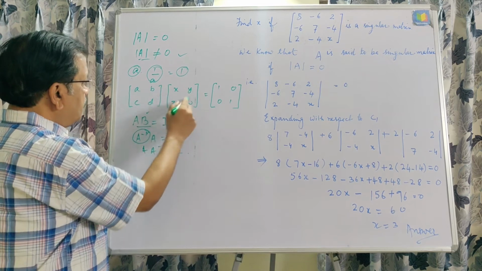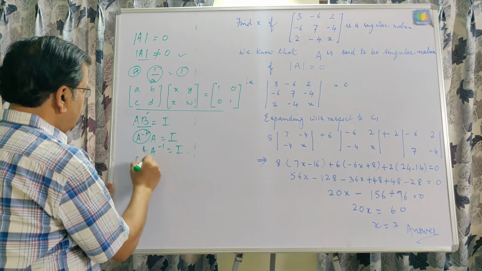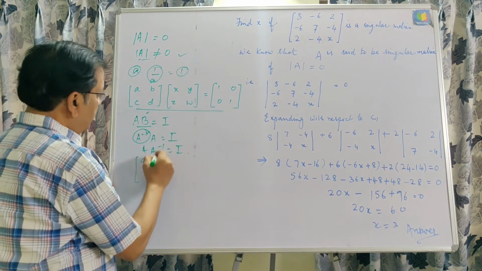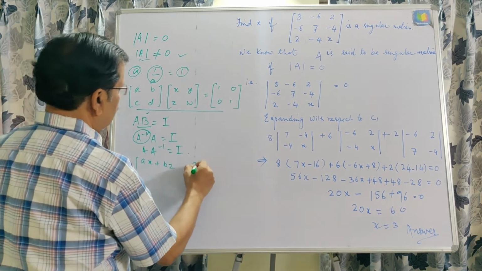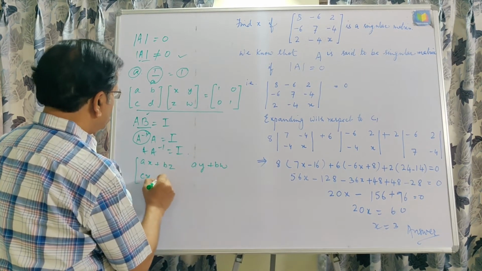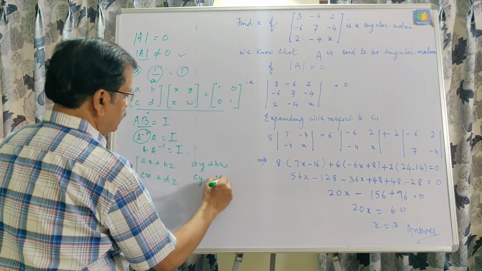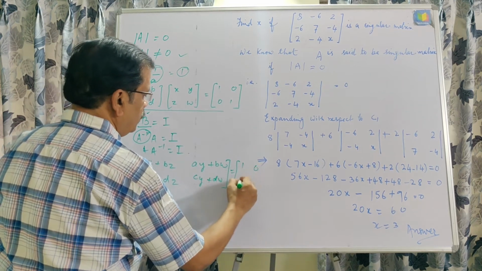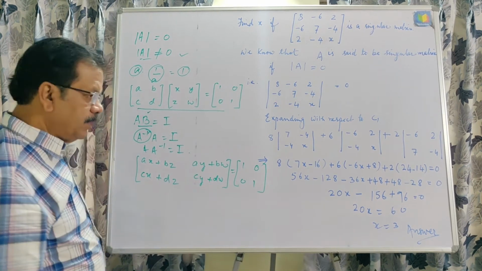Now if we multiply these two matrices, we will get AX plus BZ, AY plus BW, CX plus DZ, and CY plus DW, corresponding elements multiplied and added, and this is coming 1 0 0 1. That is, we can say that this is the multiplicative inverse.